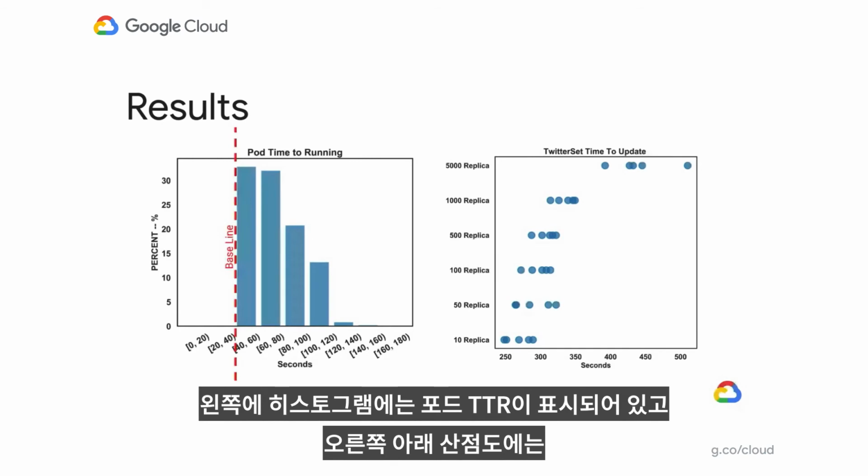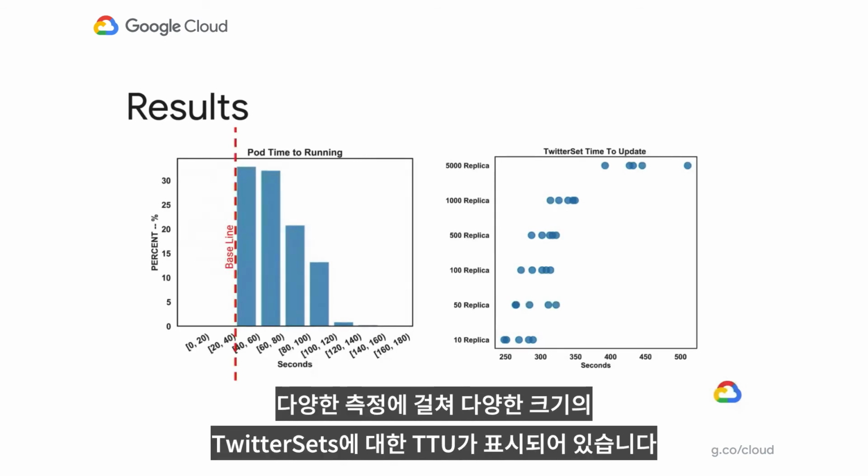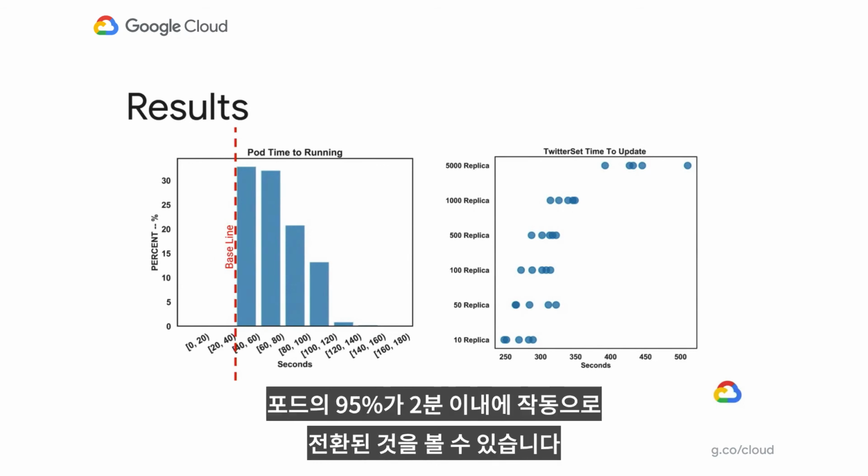We have the time to running for pods shown as a histogram on the left, and time to update for different sizes of Twitter sets across different measurements as a scatter plot on the right. We see that 95% of the pods are transitioning to running in less than 2 minutes.